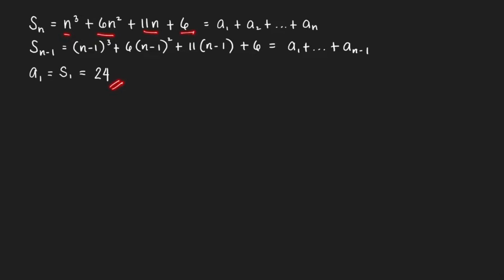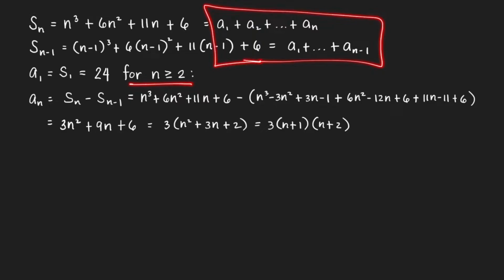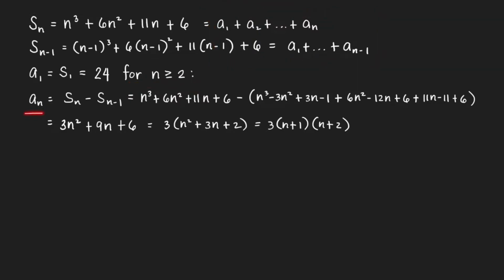Now, for n greater than or equal to 2, we can use both of these because these two expressions hold for n greater than or equal to 2. So we can get a sub n equal to the difference of these. When we subtract, everything cancels, and what is left is a sub n.